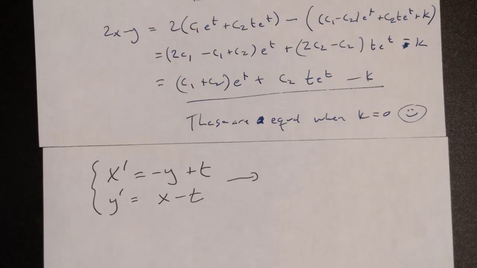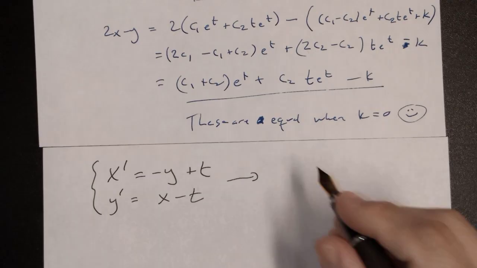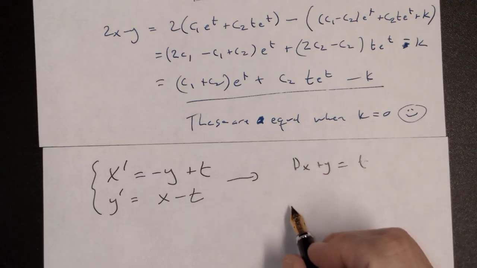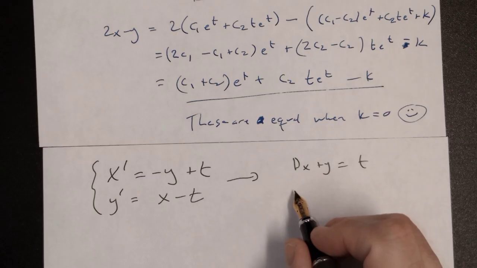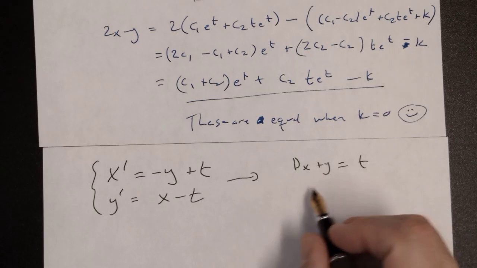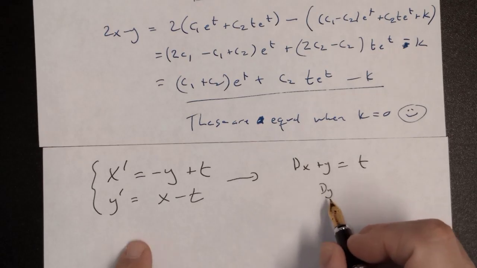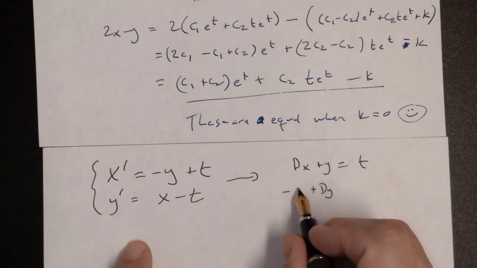What's my new version of the equations? Yeah, but I kind of want to line these things up. So I'm going to write dy here and negative x there.